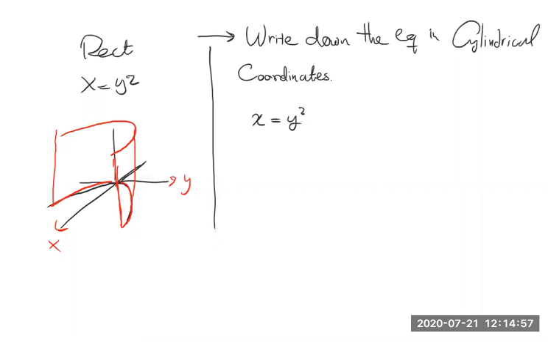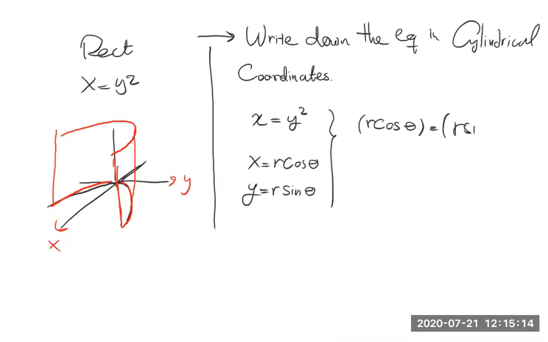On the other hand, we know x is r cosine of theta and y is r sine of theta. So instead of x, I can write r cosine of theta, and instead of y, I can write r sine of theta. So r cosine of theta is equal to r sine of theta squared. So r cosine of theta is equal to r squared times sine squared of theta.